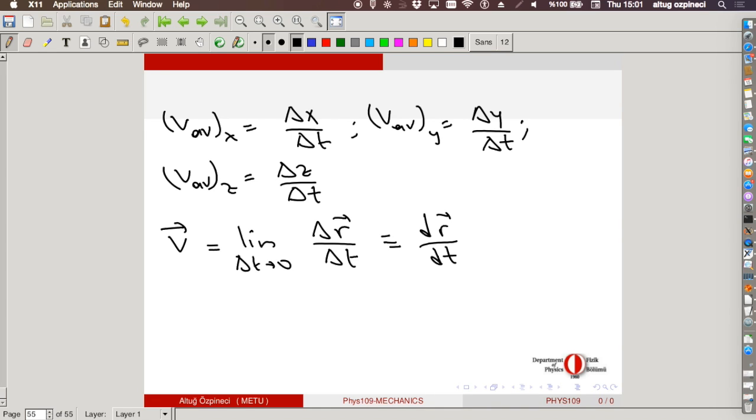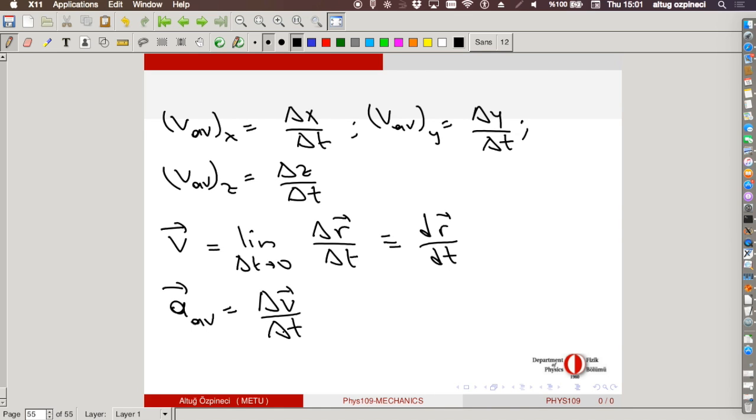And finally, we can define the acceleration. I'm going fast over these because they're exactly the same thing that we did in one dimension. So if you have any questions, please ask. The average acceleration will be delta v by delta t.